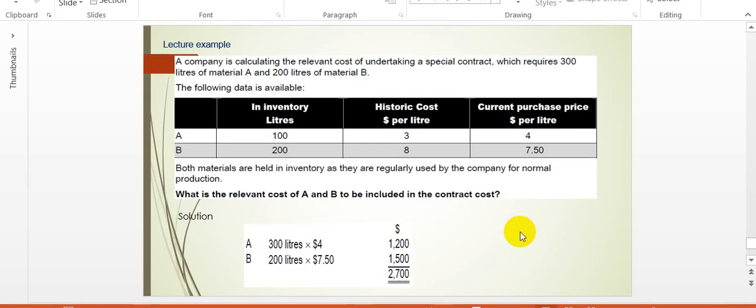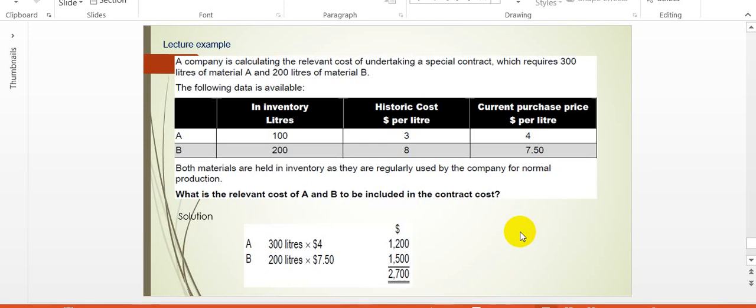We need 300 liters of material A, so we are going to buy the whole 300 liters at the current purchase price of $4, which gives us a total cost of $1,200. For B, even though we have the 200 that we need in inventory, since it is regularly used, we have to replace the 200 once we use the one in inventory.